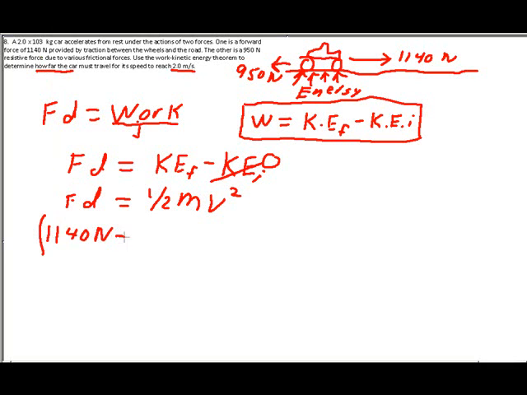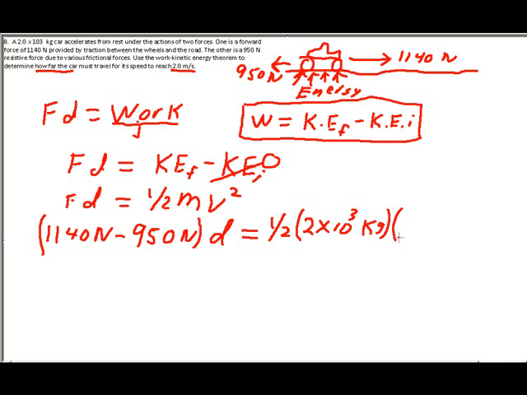And so the difference between the force put out by the engine, which is 1140 newtons, minus the frictional force in the opposite direction, 950 newtons, multiplied by the distance, which is what we're looking for, is going to equal 1/2 the mass of the car, which is 2 times 10 to the third kilograms, times the ending velocity, which is 2.0 meters per second, squared.